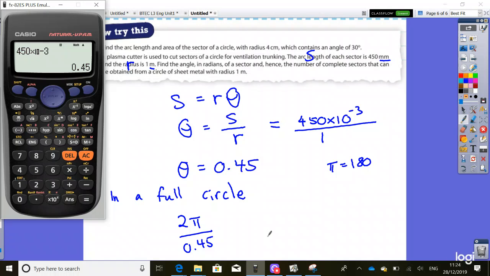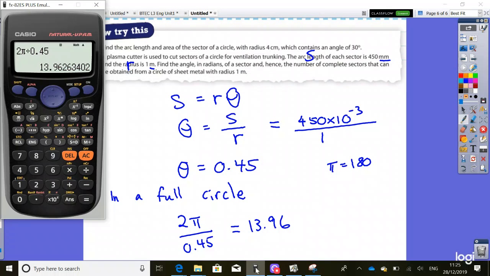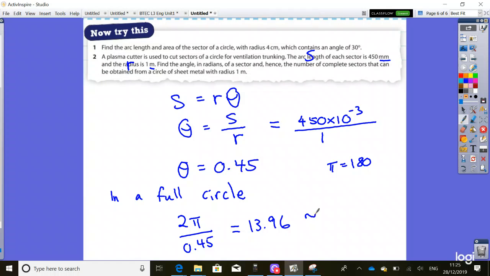So I go 2 pi divided by 0.45, and that will give me 13.96. So therefore we can't form 14 because it's not got enough, so it's going to be 13 complete sectors.